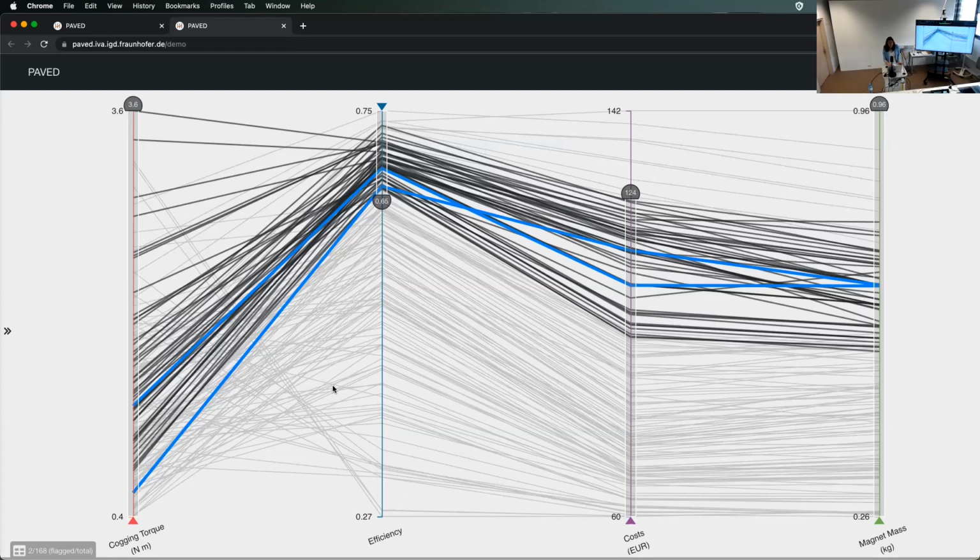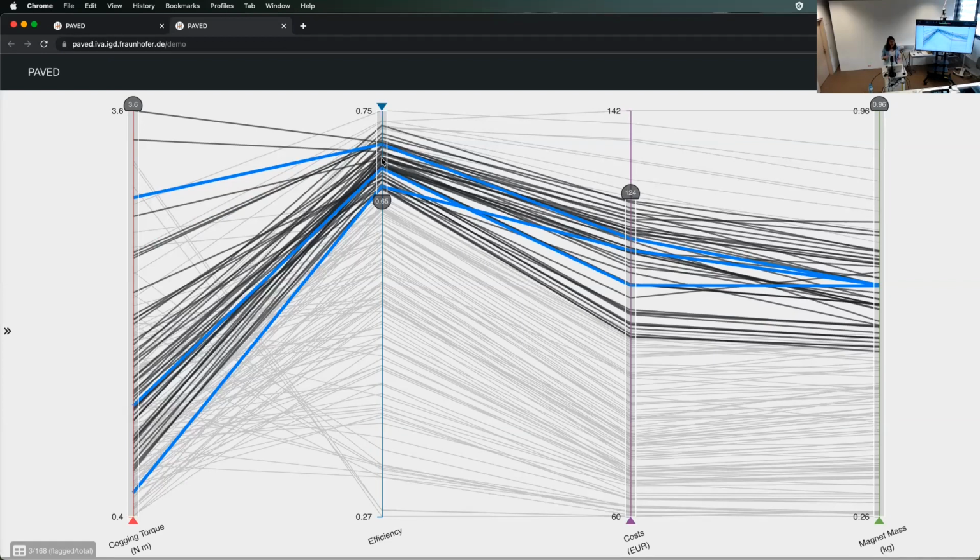And then it might be that our application requires an even higher efficiency. So we might say, okay, what about this option here? This option is slightly more expensive, but has significantly more efficiency. Again, this comes at the cost of really drastically increased cogging torque.